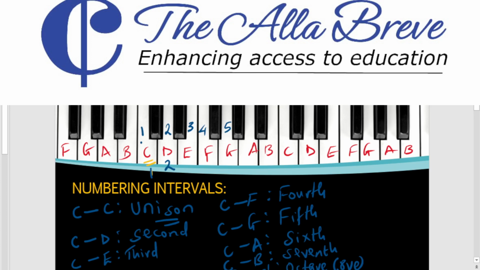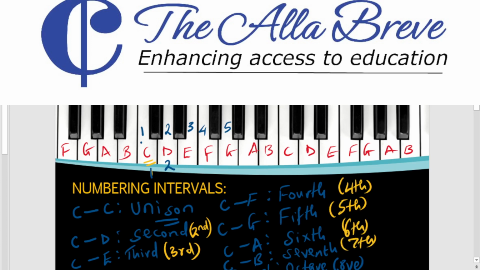They can be represented also in an alternative manner. For example, a second is written this way, a third is written this way, a fourth is written this way, we have a fifth, we have a sixth, we have a seventh, then the octave means this.